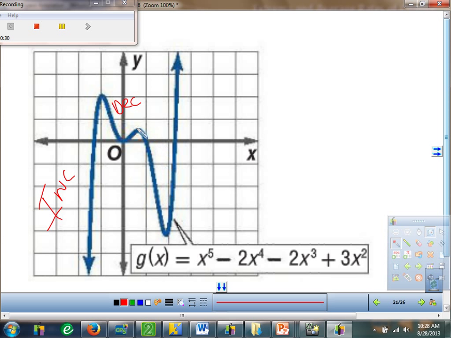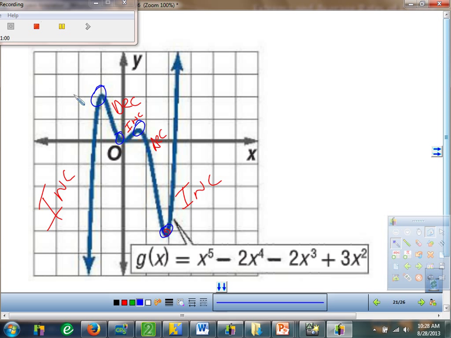Then all of a sudden we're increasing again, increasing, and then we're decreasing again down to here, and then all of a sudden we're increasing. Let me put a different color. We've got 1, 2, 3, 4 critical points for this one. So we've got 4 critical points.